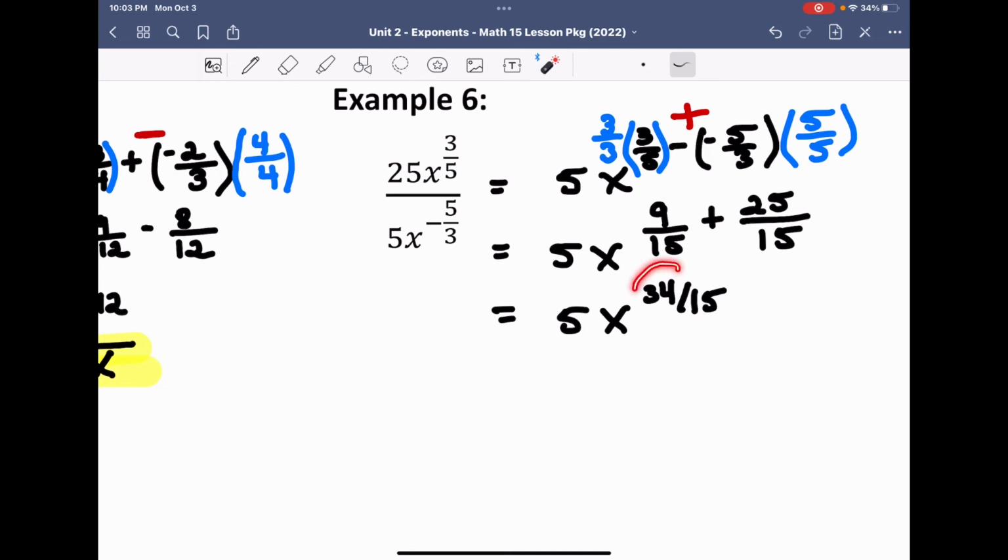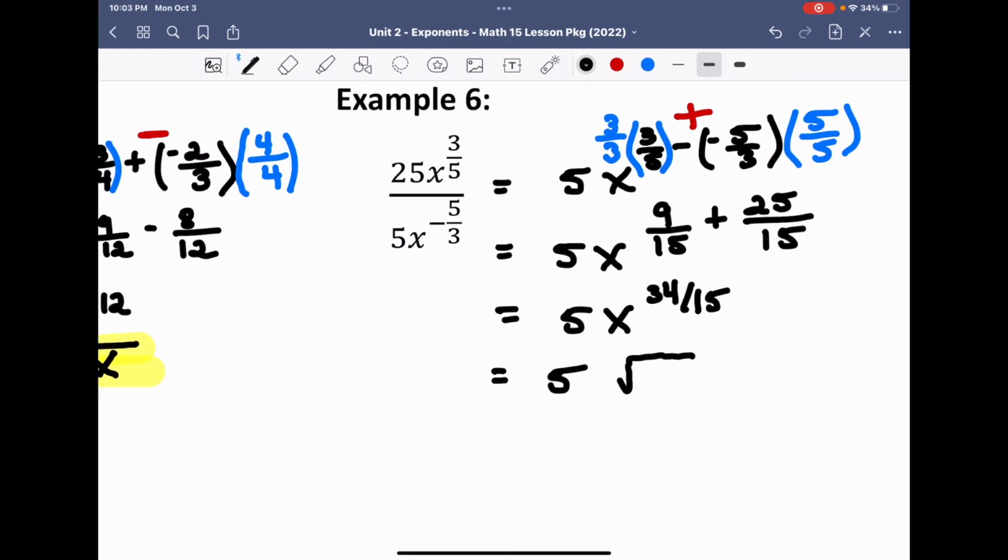So if 34 only divides by even and 15 divides by all odds, we know this won't reduce anymore, and now I can just go right to my radical form. The 5 isn't attached to the exponent, so I can write it again, and I'm going to put radical symbol, our x value, or our base value, and then put 15, which is our denominator, in terms of the index, and 34 in the power.